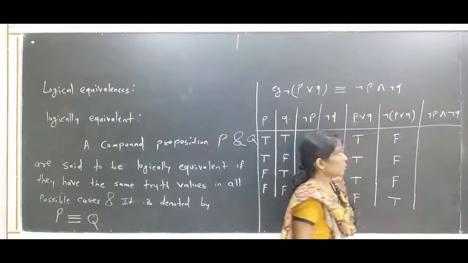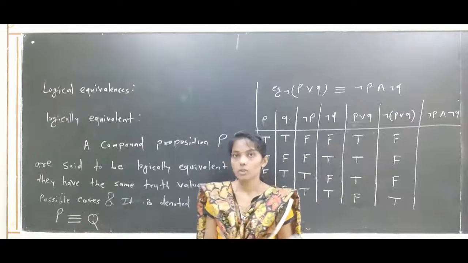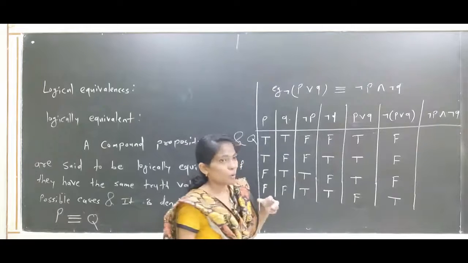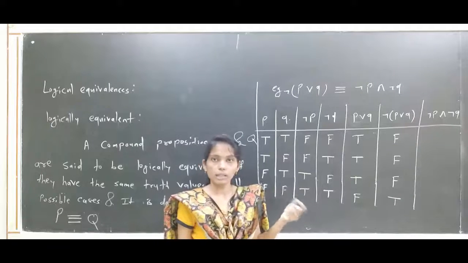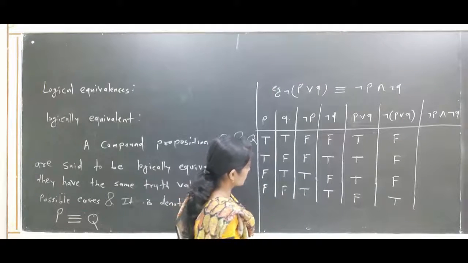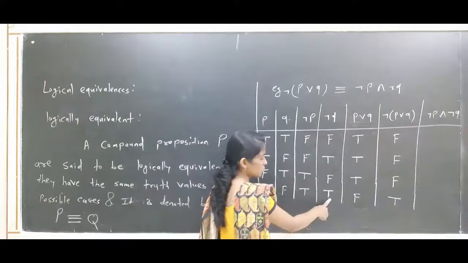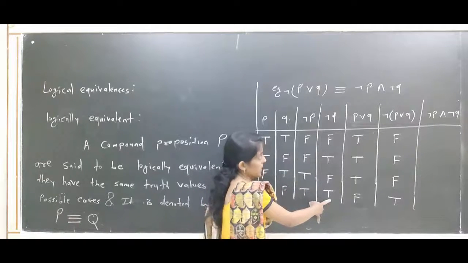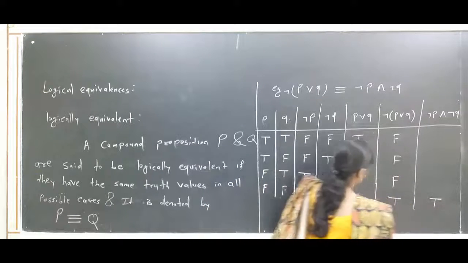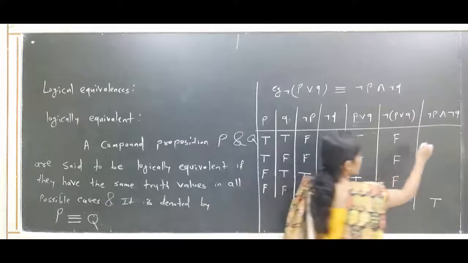Now in the last column we take negation P conjunction negation Q. In conjunction, if both are true, then the conjunction is true, otherwise it is false. Observe these two columns: in the last row both negation P and negation Q are true, so the corresponding value is true, and the remaining are false.